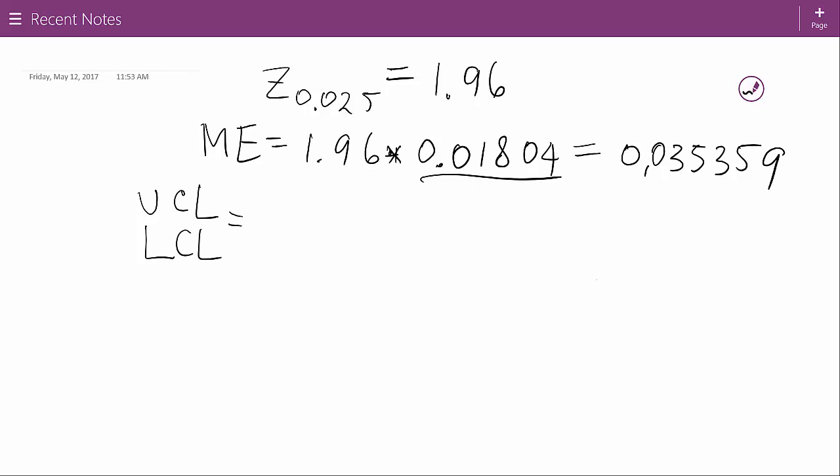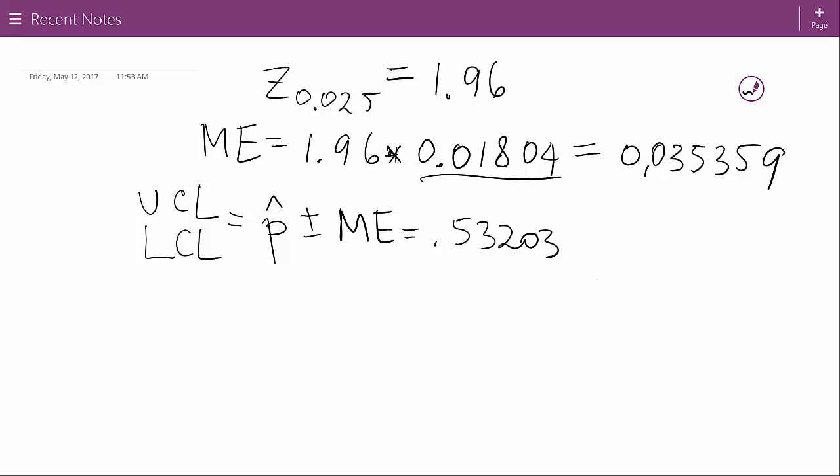And just by analogy with my previous problem about FedEx and workers' average productivity, in the middle of my confidence interval, I have the point estimate. And that would be my p hat, right? P hat. And I have to add or subtract the margin of error. And what was my p hat? 0.53203, right?